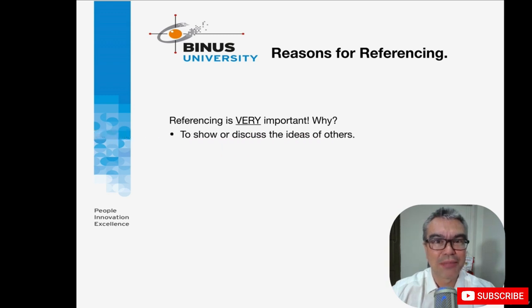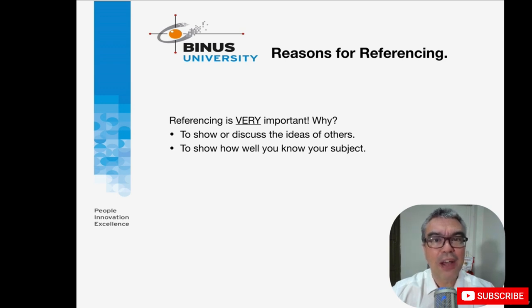on the subject. And if you are discussing other people's ideas, you need to recognize that. You show the recognition by giving the reference of the other writer. Another reason for giving clear references is to show how well you know your subject.